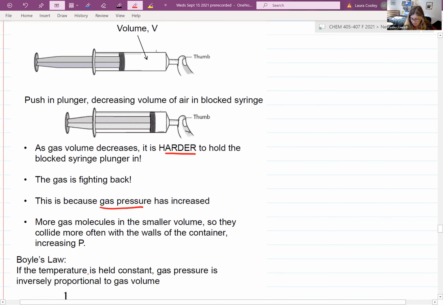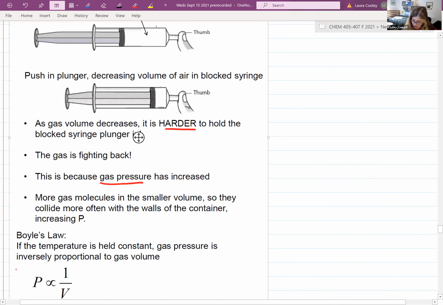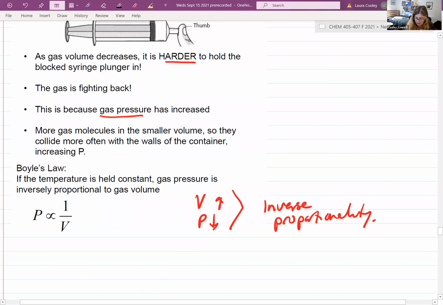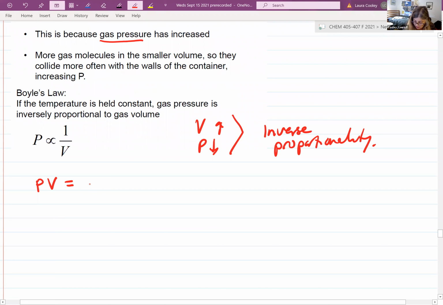So you see that we have this inverse relationship between pressure and volume. As the volume increases, the pressure decreases. And this is an inverse proportionality. So if P is proportional to 1 over V, we have PV is a constant.